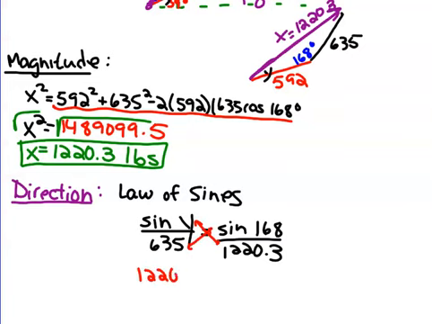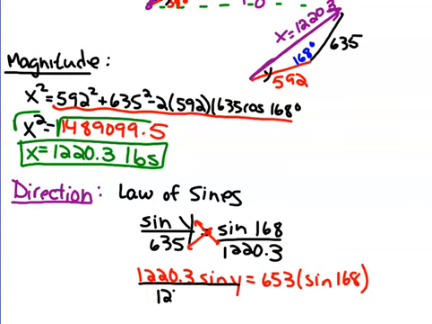So I'm cross multiplying. I divide both sides by this.